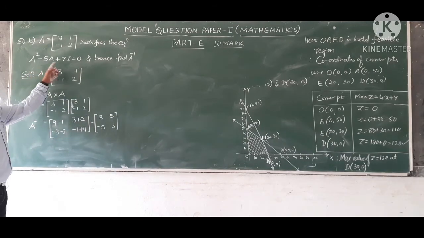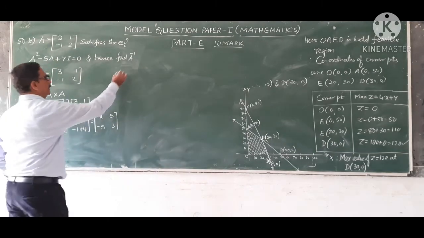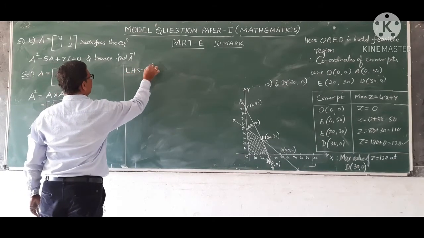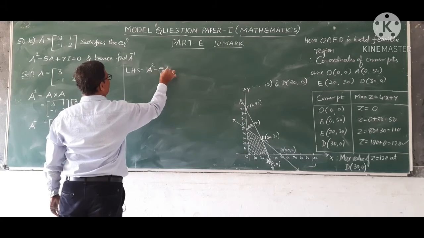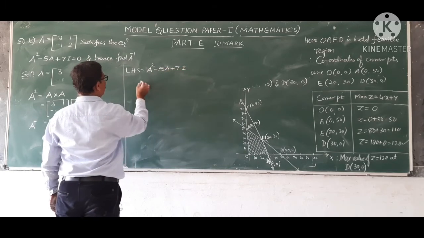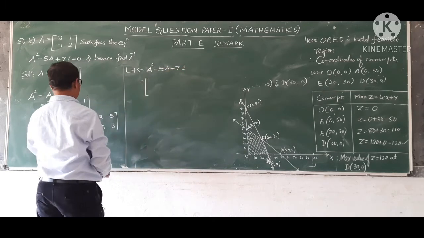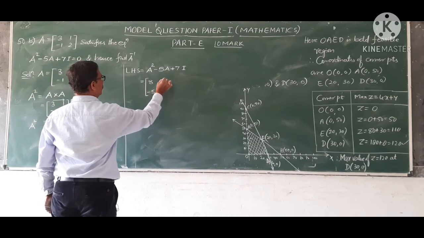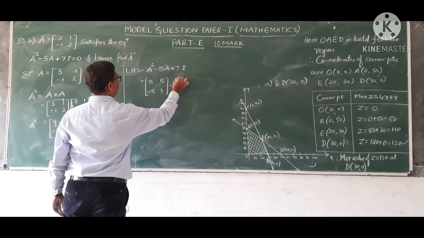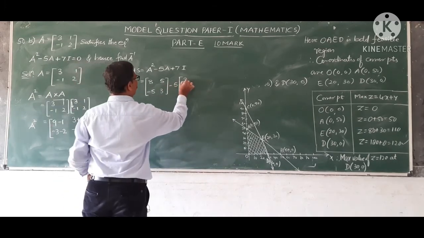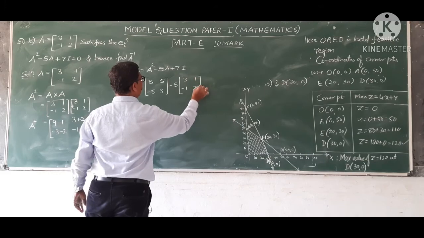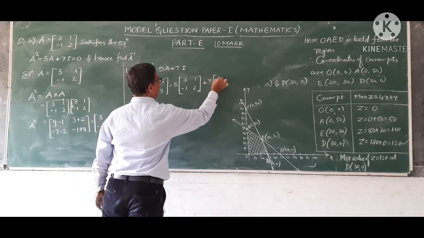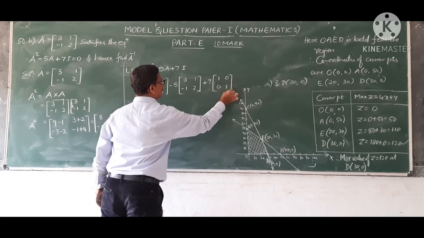This is the A square matrix. Now to prove that A square minus 5A plus 7I. Now LHS, A square minus 5A plus 7 into I, is equal to, substituting the matrices, A square matrix 8 5 minus 5 3, minus 5 times the given A matrix, first row 3 1, second row minus 1 2, plus 7 times I, the identity matrix 1 0 0 1.